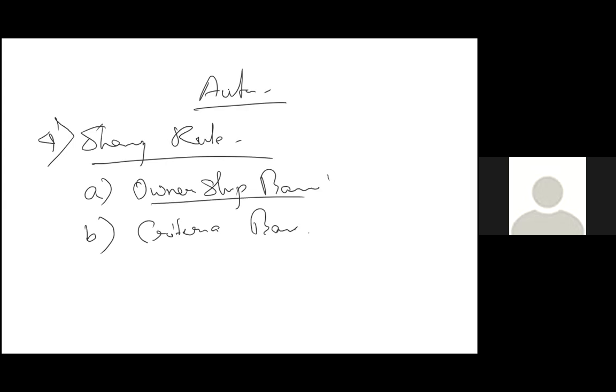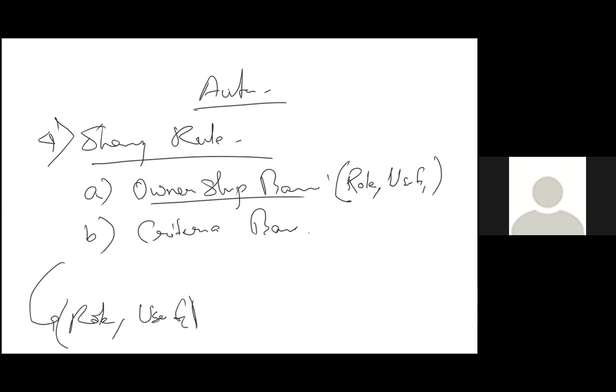Ownership based means I can choose a role, all records owned by this role or a user group, and I can share to a role or a group of users. Criteria based sharing means a field value, like all accounts where the billing city is New York need to be shared to this private user group.